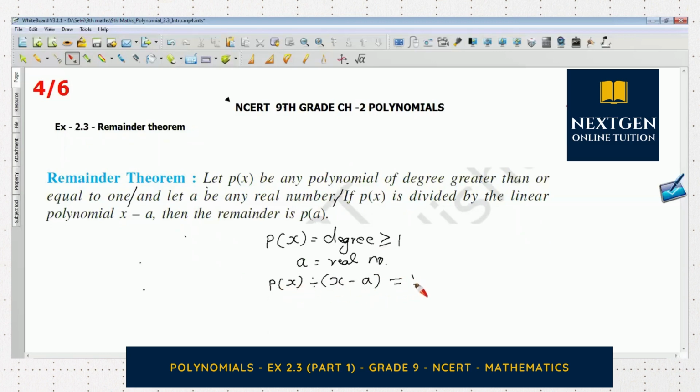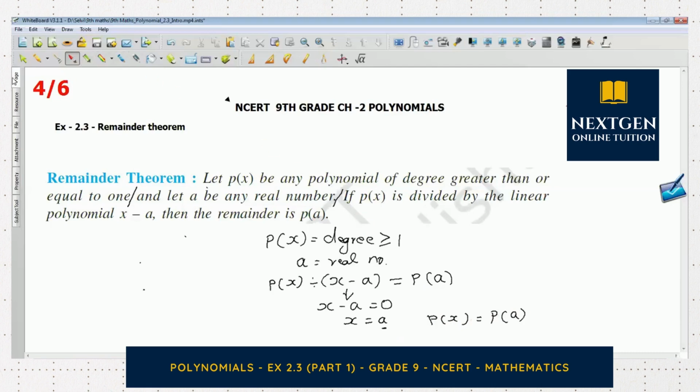What would happen if we divide? The remainder would be P of a, which is nothing but we are assigning 0 to this polynomial x minus a. Make it 0. x minus a is 0, and now we get the x value as a. So now simply we are substituting this a value in the P of x polynomial. We are making P of x to P of a.